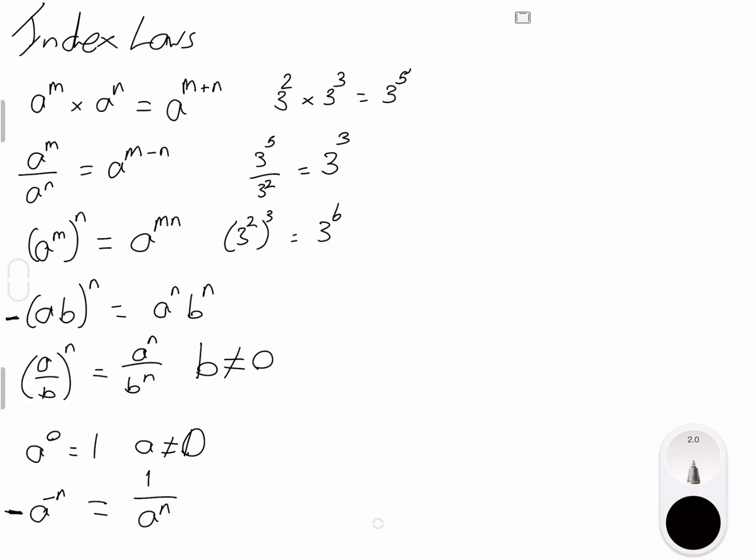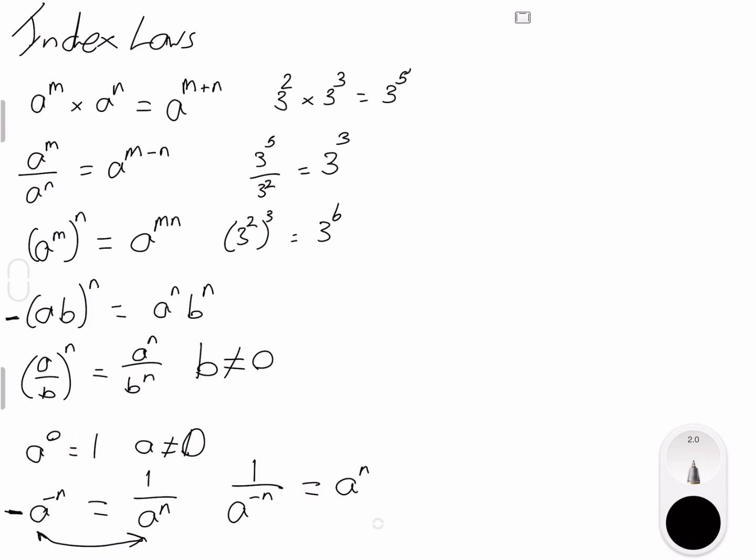Now, what if I have 1 over a to the power of minus n? Well, that's the same as a to the power of n. So it works both ways. I can go from this way over to here and back. So they're interchangeable. And that's really all the index laws that we're going to look at.